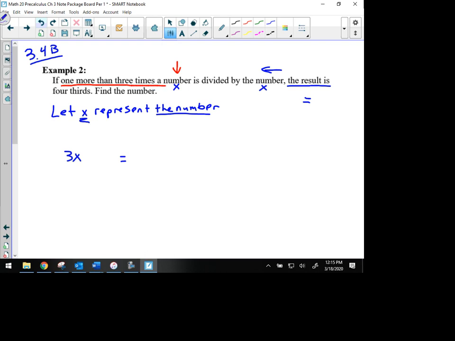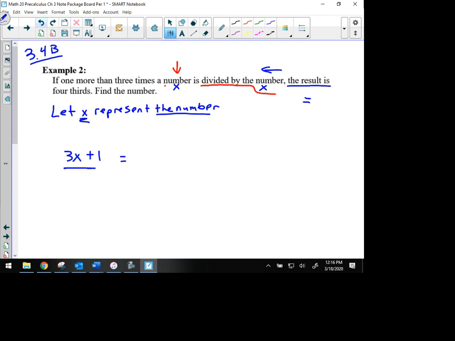So how do we represent one more than? Well, we add 1. We can look at what we have here, and we can see that that represents that sentence. What we're missing, though, is this last part that says is divided by the number, divided by x. That we still need to take care of.